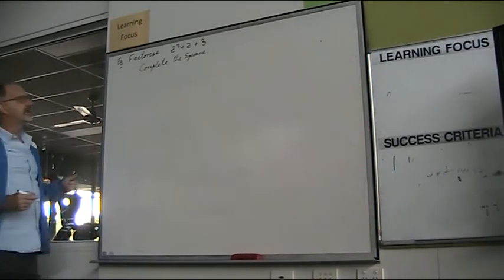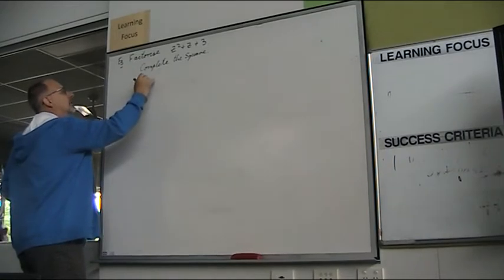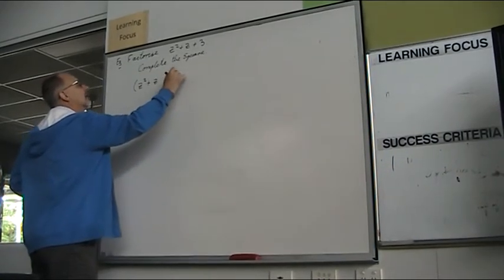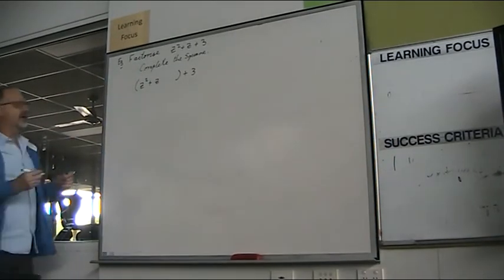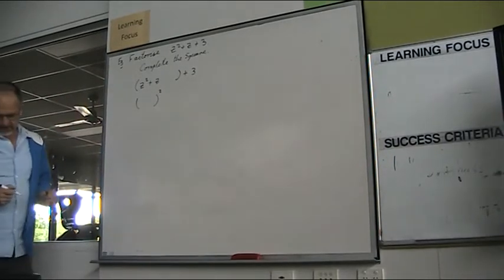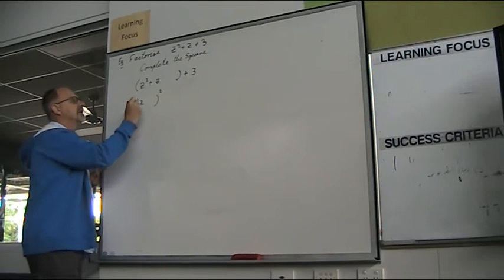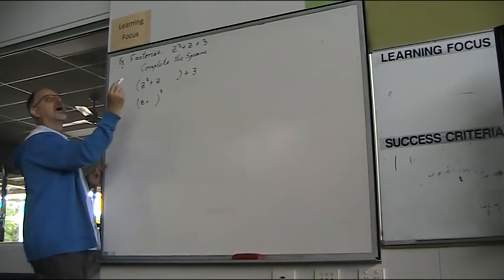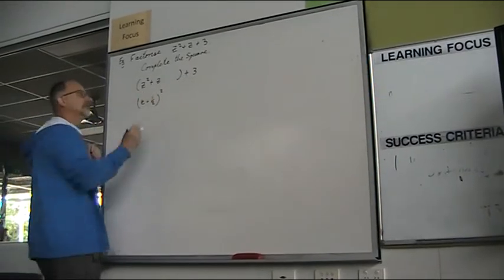Alright, so we're going to have to complete the square to factorise. So I'm going to group the first two terms together and create a perfect square. And so inside here I will have z plus half. Someone say half?